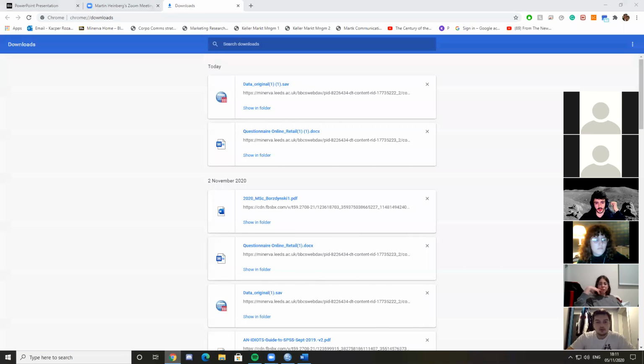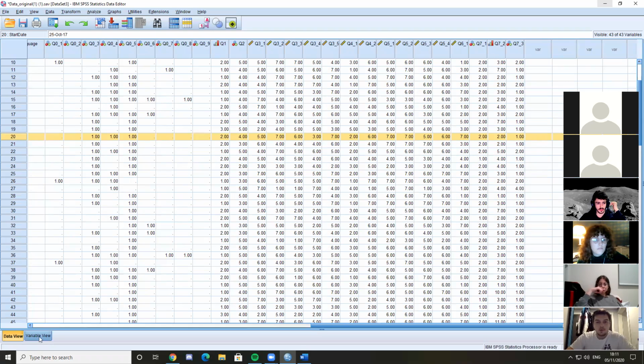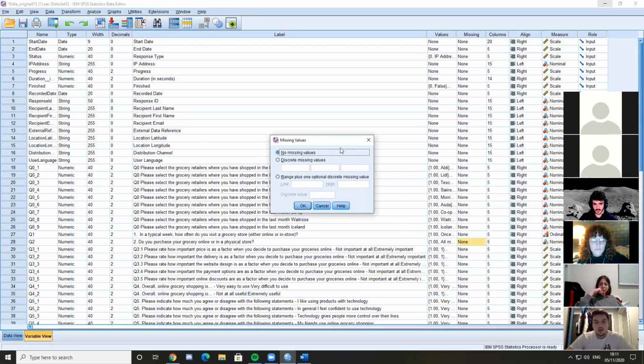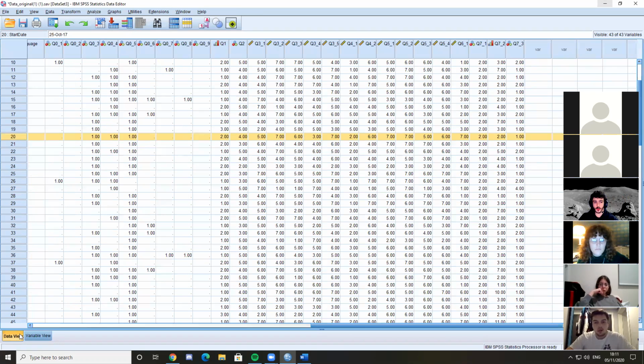Because I am going to go into the variable view, into the question number, let's say 2 now, because I forgot which one I mentioned, and I changed that to 999. However you do it. And then when I go back into the data view, if they answered, nothing's changing. If they didn't answer, I see 999.